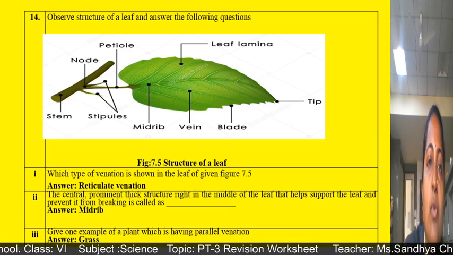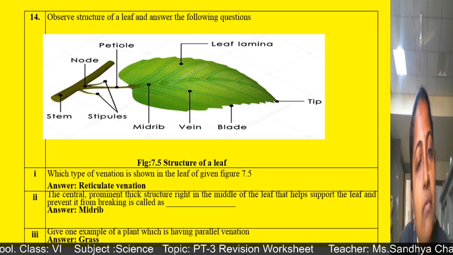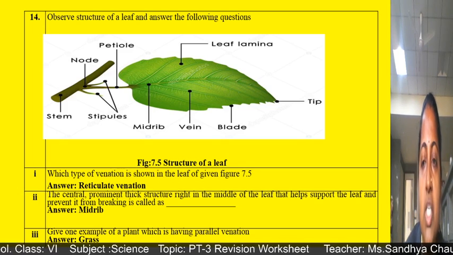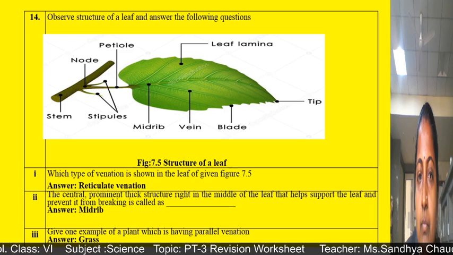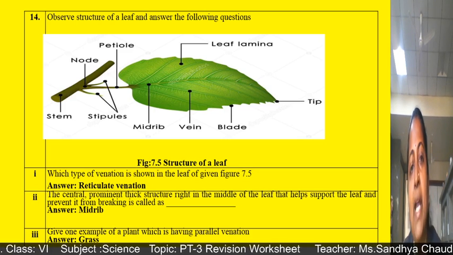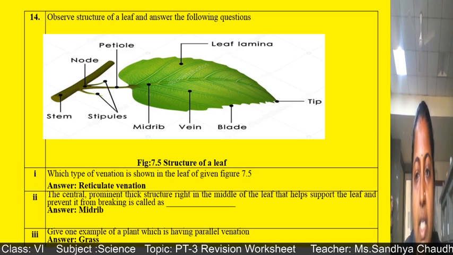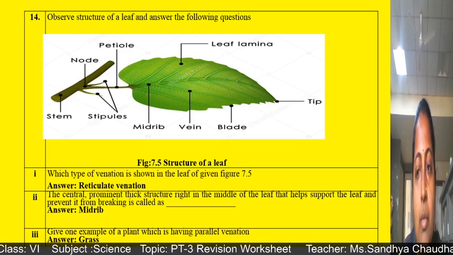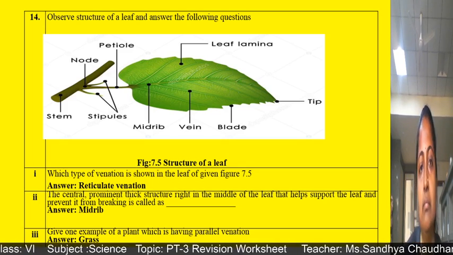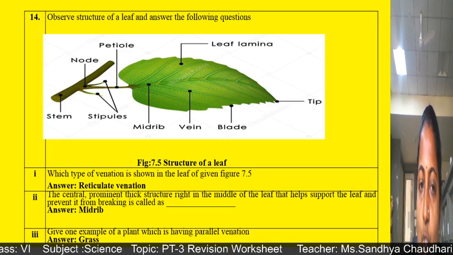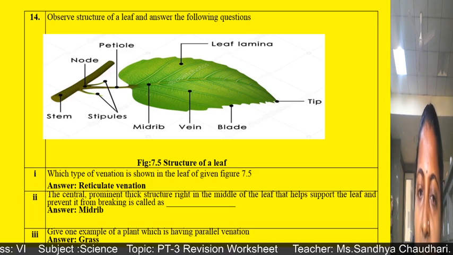Now in question number 14, observe the structure of a leaf and answer the following questions. So questions are not the same. The question pattern may change. It will not be the same throughout the paper. Here you have to observe the structure of a leaf, and which type of venation is shown in the leaf.